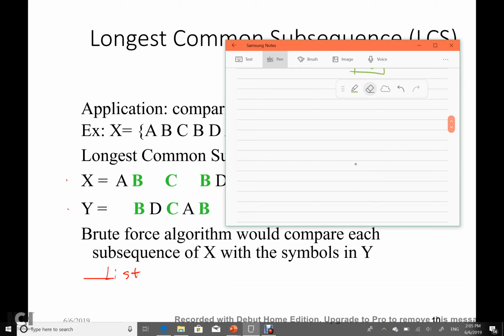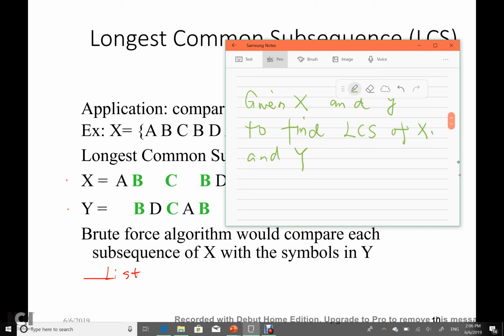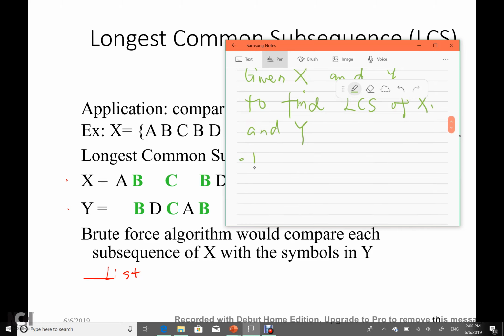So this is corresponding to, if we are given x and y, to find the longest common subsequence of x and y, right? And we want to use, first let's check the brute force method.